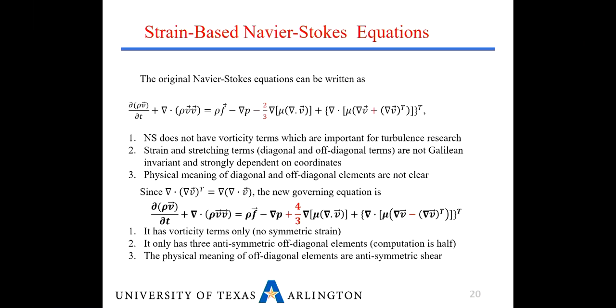I just want to correct the misunderstanding. Some people say the strain must be symmetric, it cannot be anti-symmetric. They told me many times. Some readers tell me I'm wrong after I published this paper, and I still haven't replied because I don't have time yet.